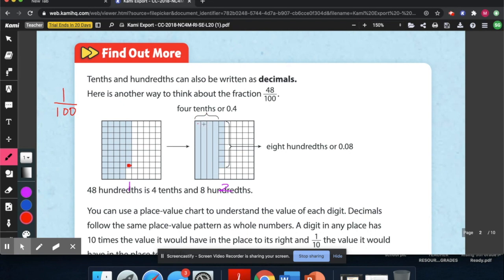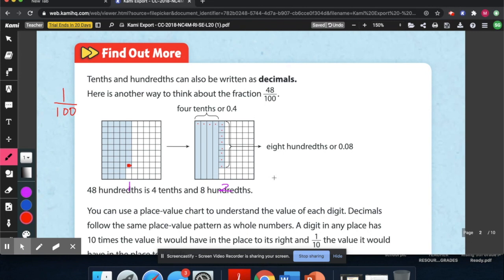So 10, 20, 30, 40. I can't do it for 50 because it's not completely filled in. I have the tiny little dots. So I'm going to count individually. 1, 2, 3, 4, 5, 6, 7, 8. Okay, so I have 48. Okay, awesome. So I have 4 tens and 8 hundreds.